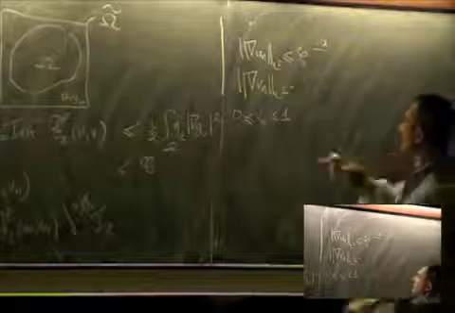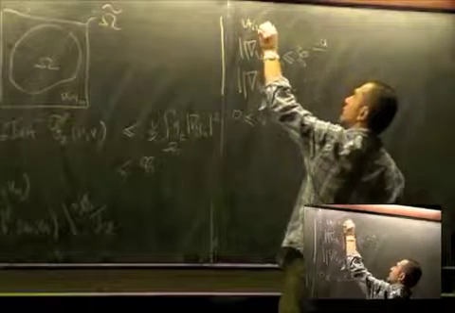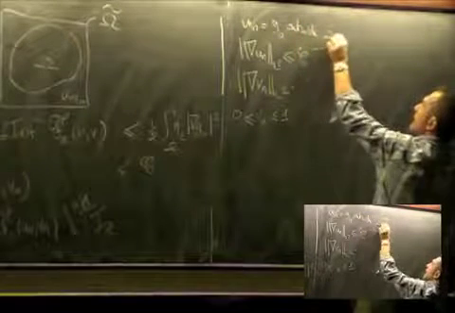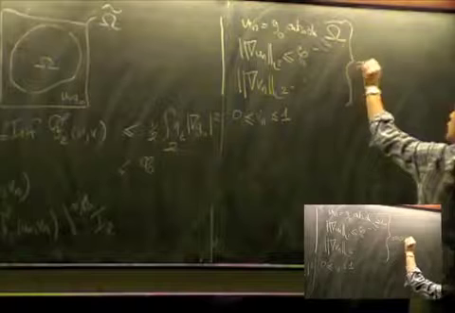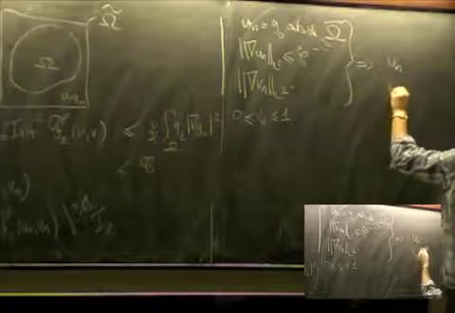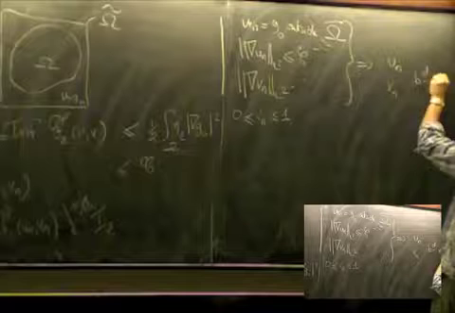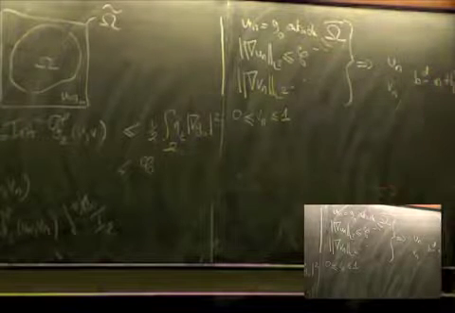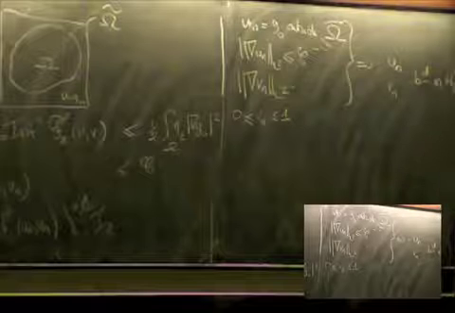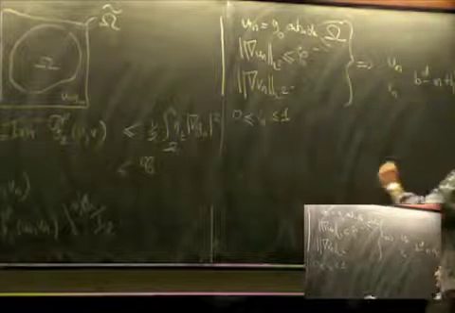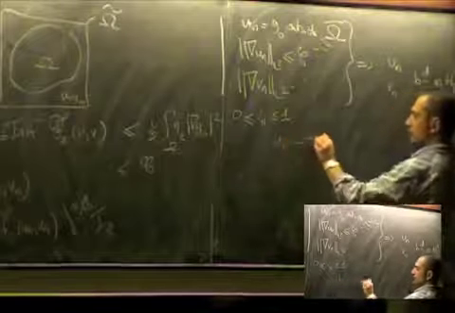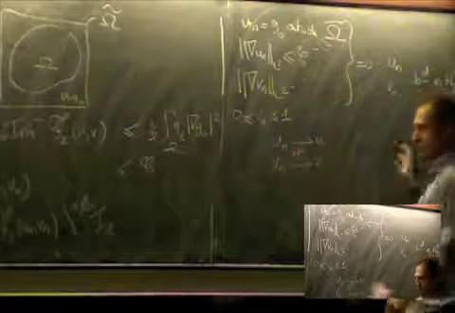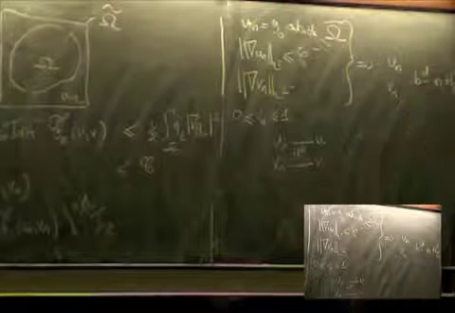And from this, plus the fact that U_n is G0 outside omega bar, I get that U_n and V_n are both bounded in H1 of omega. So if you know that, it's obvious. If you don't, don't worry about it. And so U_n converges weakly to a U and V_n to a V in H1. So it's in the strong topology of L2, but the weak topology of H1.